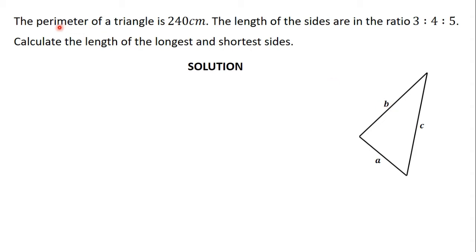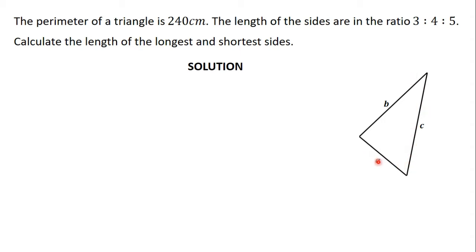From the question, we know that the perimeter of the triangle is 240 centimeters. From the videos on mensuration, we learned that the perimeter of a plane figure is the sum of the distance round the figure. So the perimeter of this triangle is the sum of the distance round the triangle.